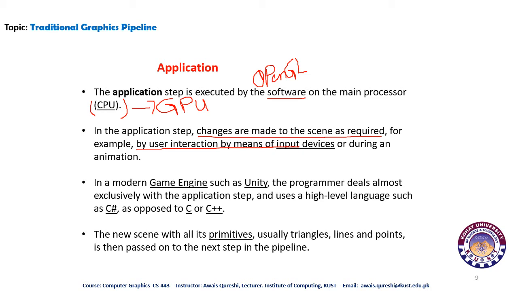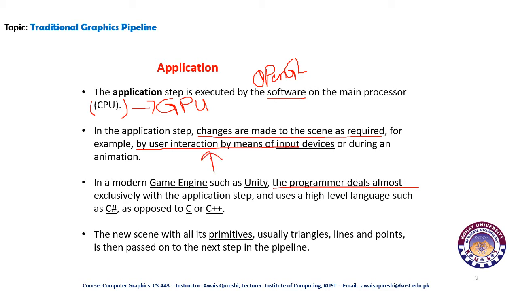In modern game engines such as Unity, 2D or 3D, the programmer deals almost exclusively with this step. This means the programmer is involved wholeheartedly with the application step and uses a high-level language such as C# as opposed to C or C++ to do this step.